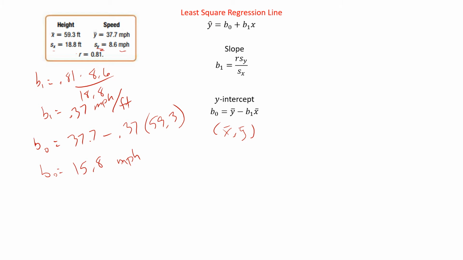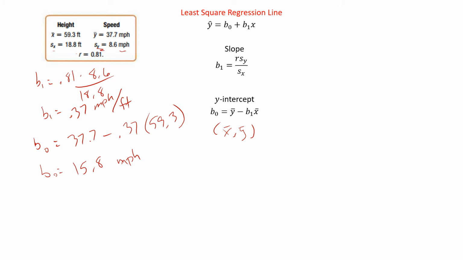Now, if we just started a roller coaster at 0 and said go, it's not going to be going 15.8 miles per hour. The y-intercept will sometimes have an actual meaning. Sometimes the y-intercept won't have any meaning at all. Knowing what something's going to be when x equals 0 is not always useful information, partly because sometimes x just doesn't equal 0.